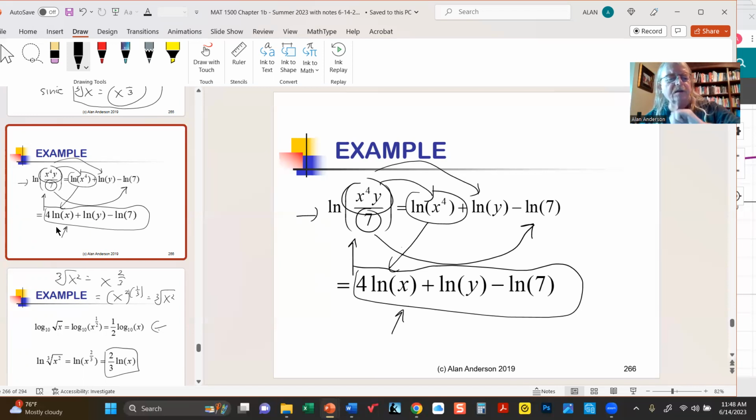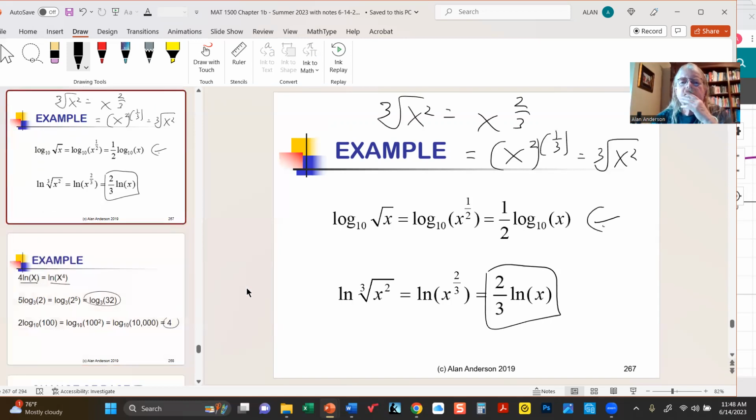Now, here's a few more of these. Log base 10 of radical x, as you can see, well, we've already seen one just like that. This is this interesting one. When you see something like this, log cube root of x squared, that's actually x to the 2/3 power. I've explained it up here. Why is this happening? Because what this really means is that you're taking x squared and taking the entire expression and raising that to the 1/3 power.